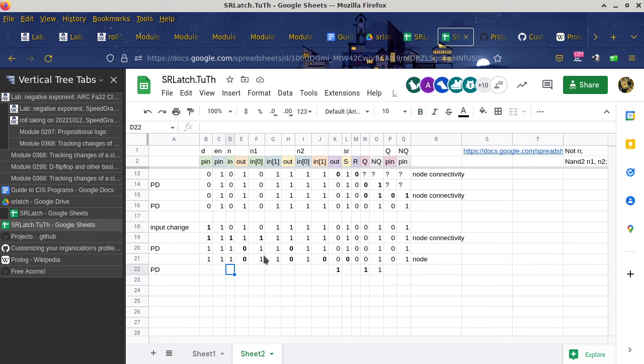And then the rest of the circuit remains the same as before. So 0, 1, 1, 0, 1, 0, 0, 0, and then 0 and 1. And then we have to look at node connectivity again. And so we look at the purple one, which is changed from before.